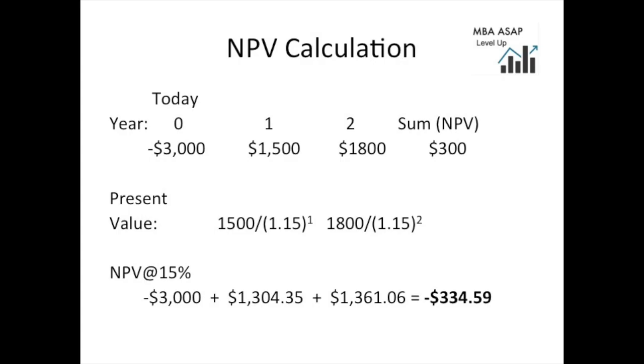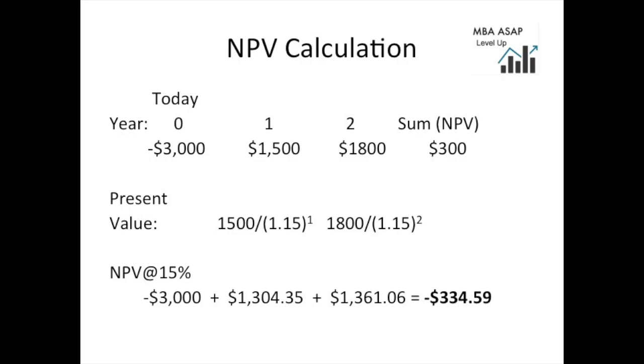So when we look at it that way, we take what comes in year one, right, $1,500, and divide it by 1 plus the interest rate, which is 0.15, 15%, to the first power, because it's in the first year. That comes out to be $1,304.